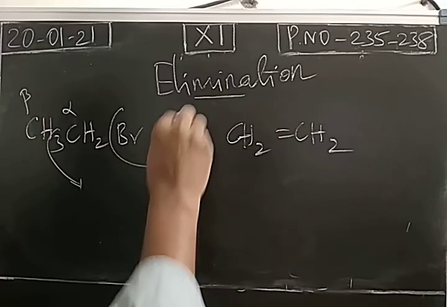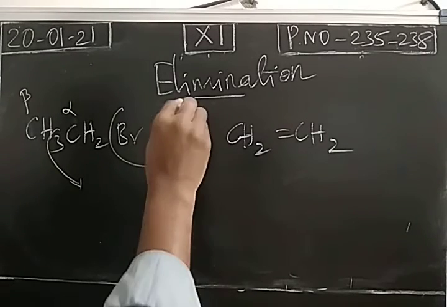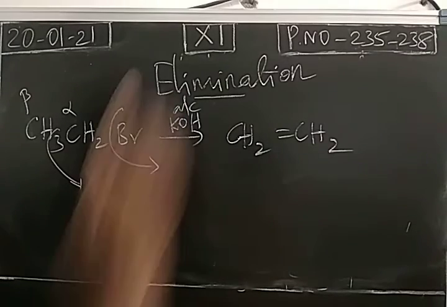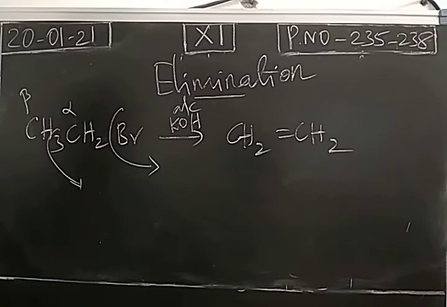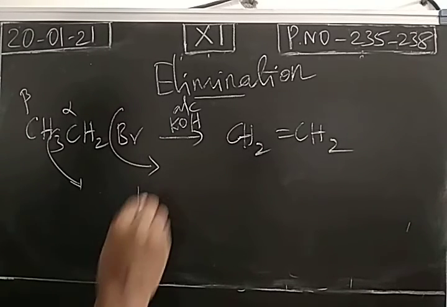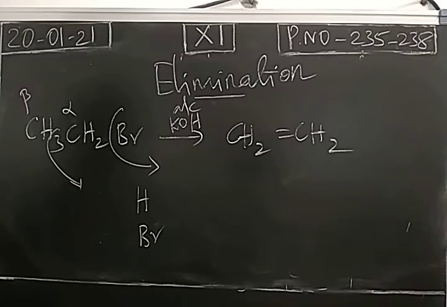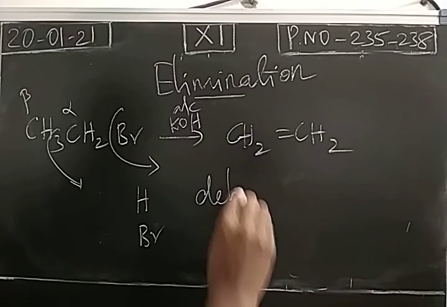Okay, we can take alcoholic potassium hydroxide as a base. In the presence of potassium hydroxide, halogen will leave from alpha position, hydrogen will leave from beta position. So hydrogen and halogen are leaving. So this is called dehydrohalogenation.